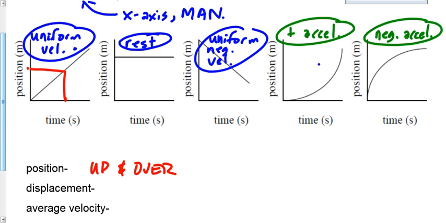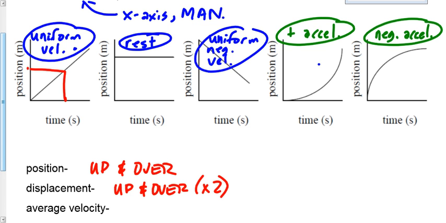Now displacement's a little bit harder, because displacement is defined as the change in position. So if you want to find displacement, what do you need? 2 positions. So you're going to go up and over, and then you're going to go up and over again, and then you're going to subtract them.